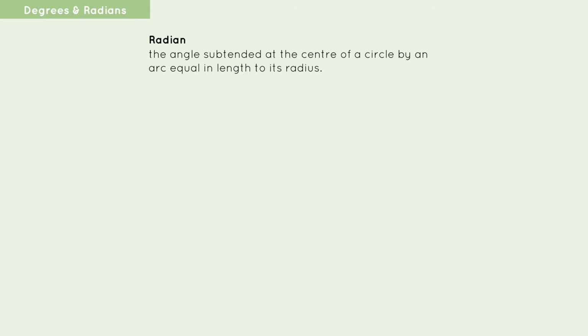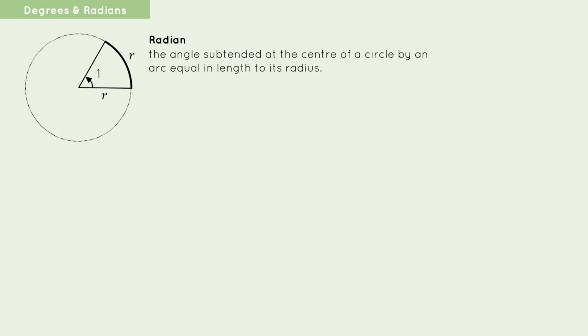What it's trying to say is, let's say I have a circle of radius r, and I consider an angle such that the arc length here is equal to the radius of the circle, then this angle will be 1 radian.